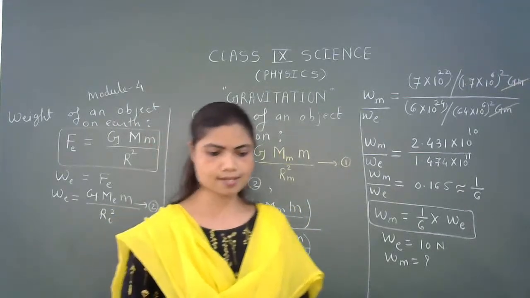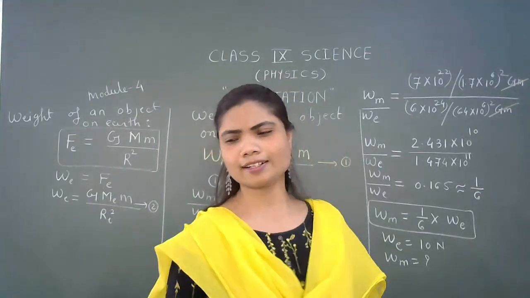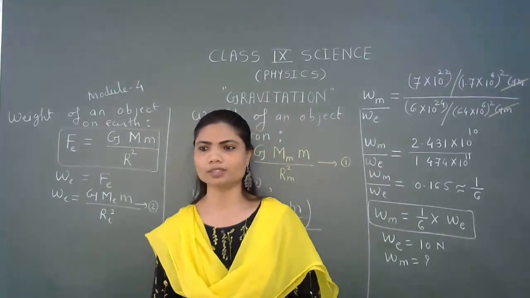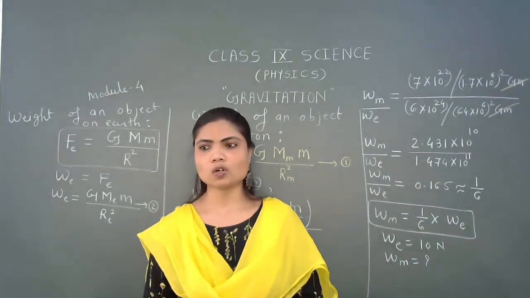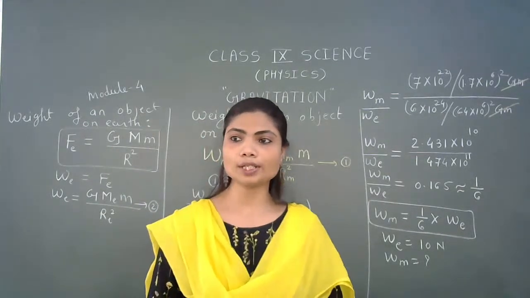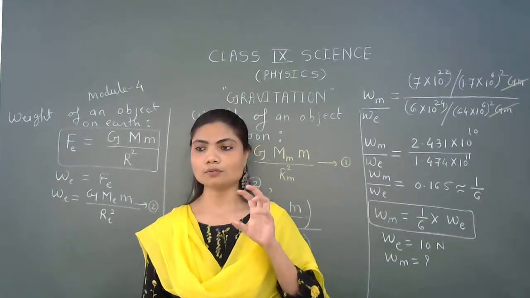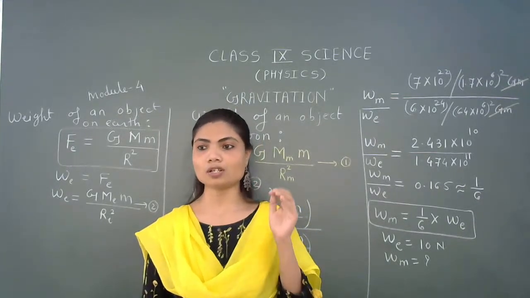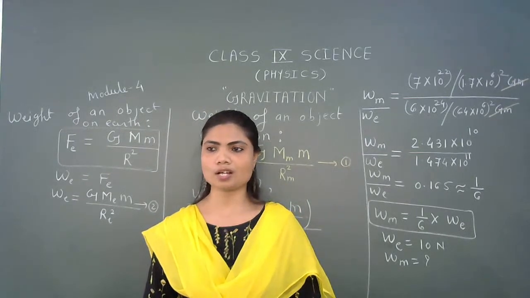Very good. Nice. So are you doing it by yourself or seeing the answers directly from the textbook? See, the motto behind solving the solved examples is that you should know the formulae properly, not just copy down the answers.